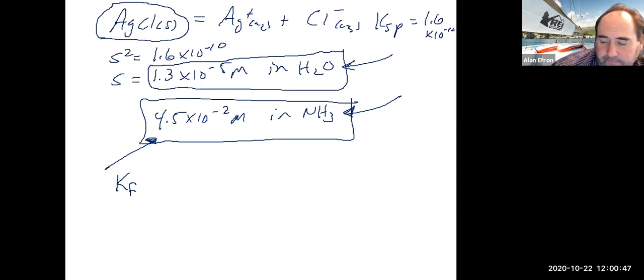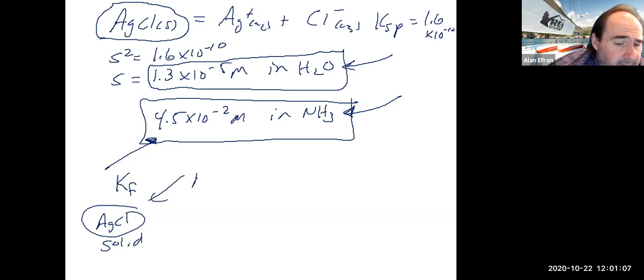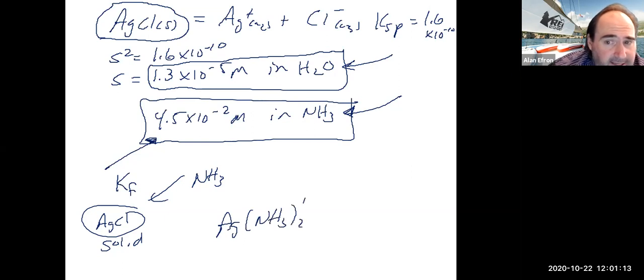In fact, when you do that qualitative analysis experiment I was talking about earlier, this is actually how you identify you have silver. You make the silver chloride solid, you add some ammonia to it, and it will make that complex ion. And that complex ion is aqueous, so it goes from solid to basically a solution.